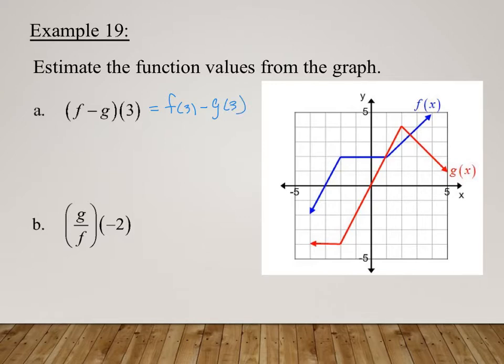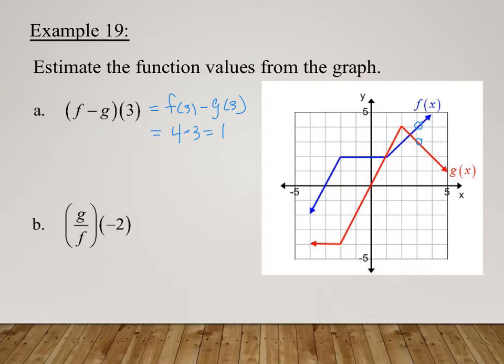We say, okay, where is f(3)? So we come over to 3 and we go up to here and we say, oh, it's 4, right? So this is equal to 4. And g(3) is, if we come over to 3 and we come here, oh, it's 3. So it's 4 minus 3, which is equal to 1. Not a bad deal, right?